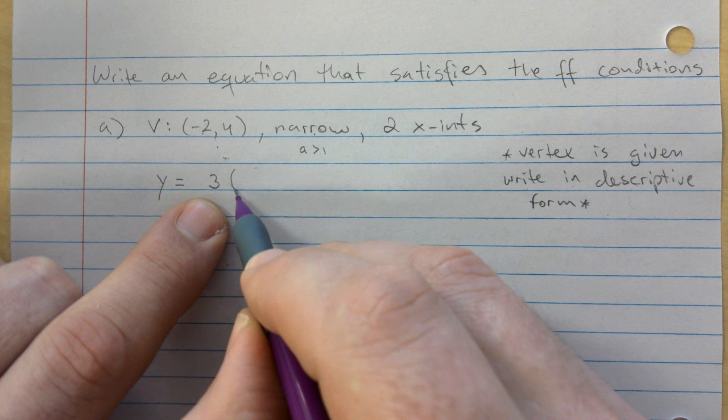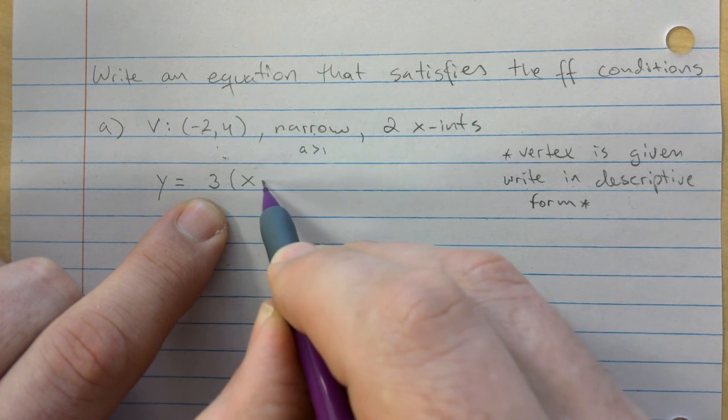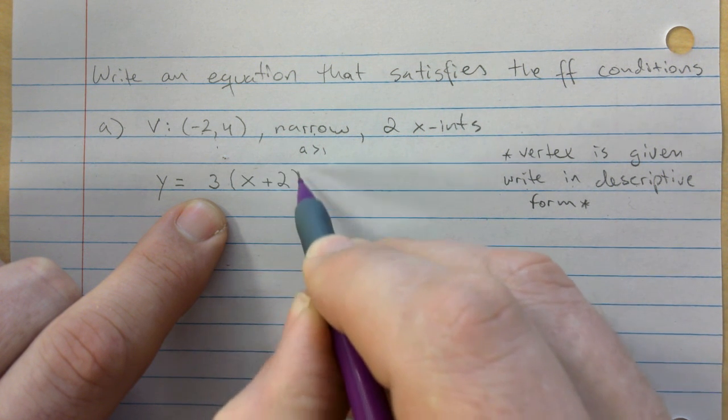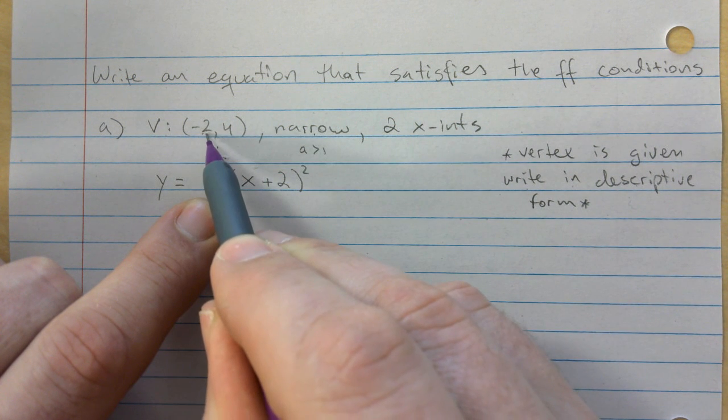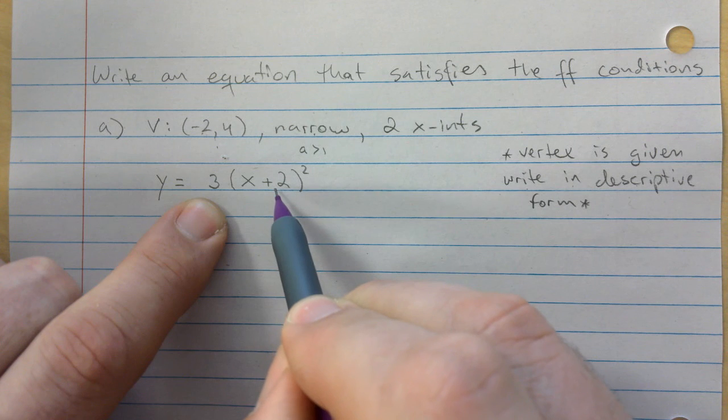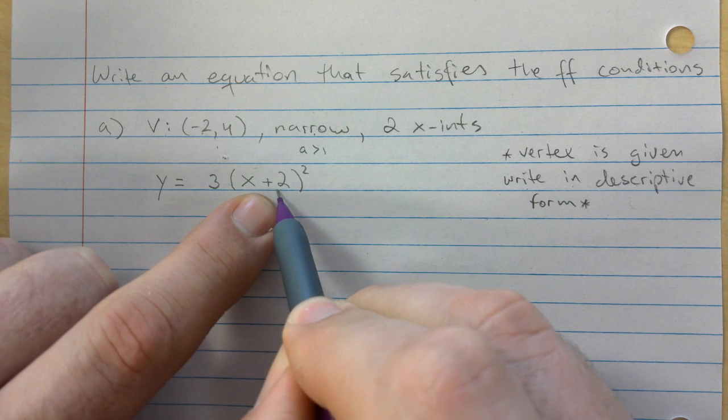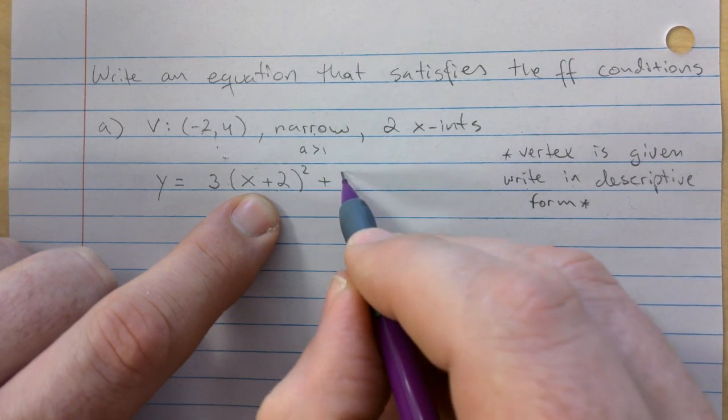So it says it's 3 times (x plus 2) squared, because you have to change the sign of the x value of the vertex when you bring it in here. Okay, plus 4.